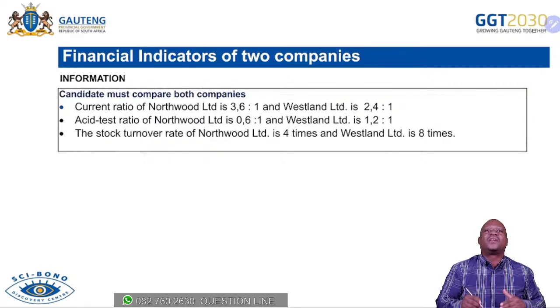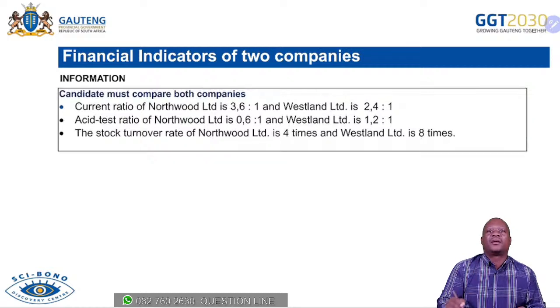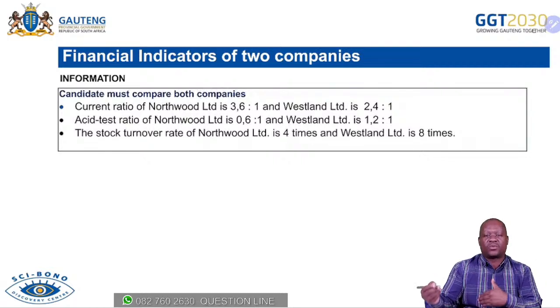Never say the examiner knows, so he will check. No, it's your duty to check and inform the examiner of what you are seeing. Then you can comment using the acid test ratio and say the acid test ratio for Northwood is 0.6:1 and for Westland Limited is 1.2:1.